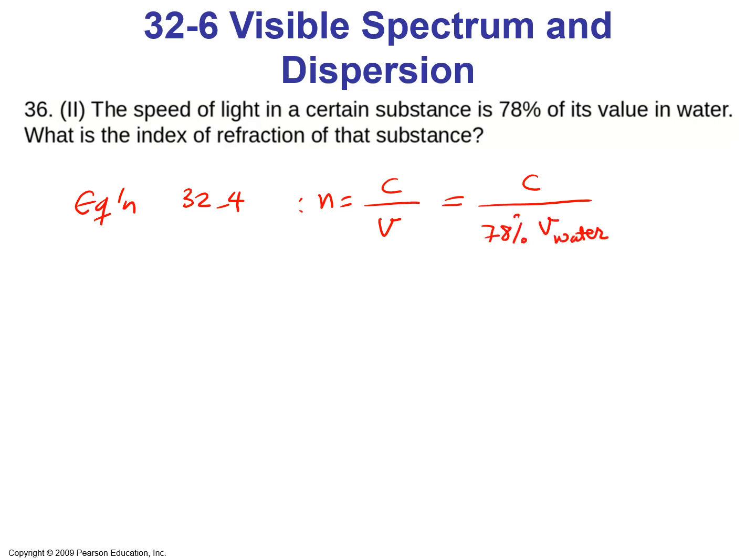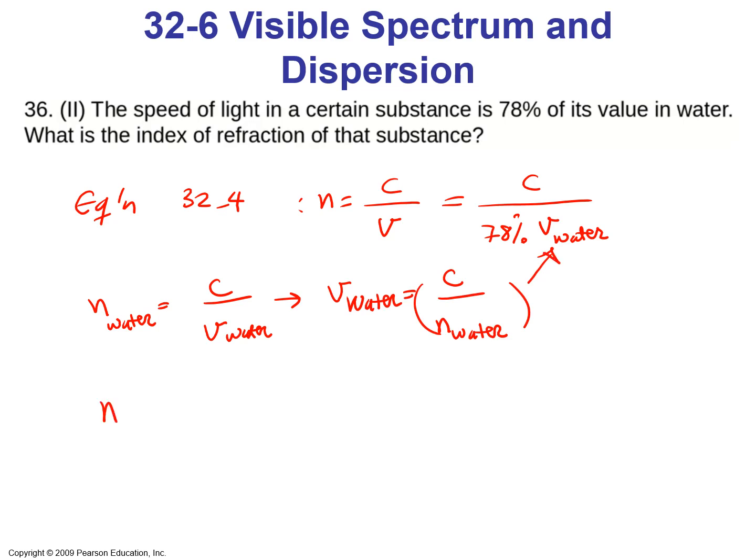in water. Let's write down the same equation for the index of refraction of water, n equals c over velocity of water, and let's solve it for velocity of water, which is equal to c divided by index of refraction of water. We can plug this value into the equation, and the index of refraction of the unknown substance is equal to c divided by 0.78 times c divided by index of refraction of water.